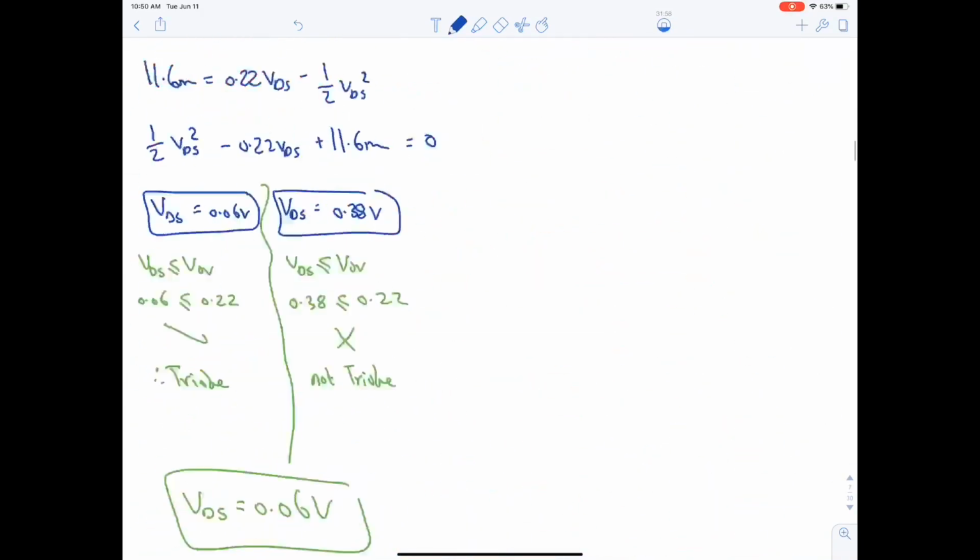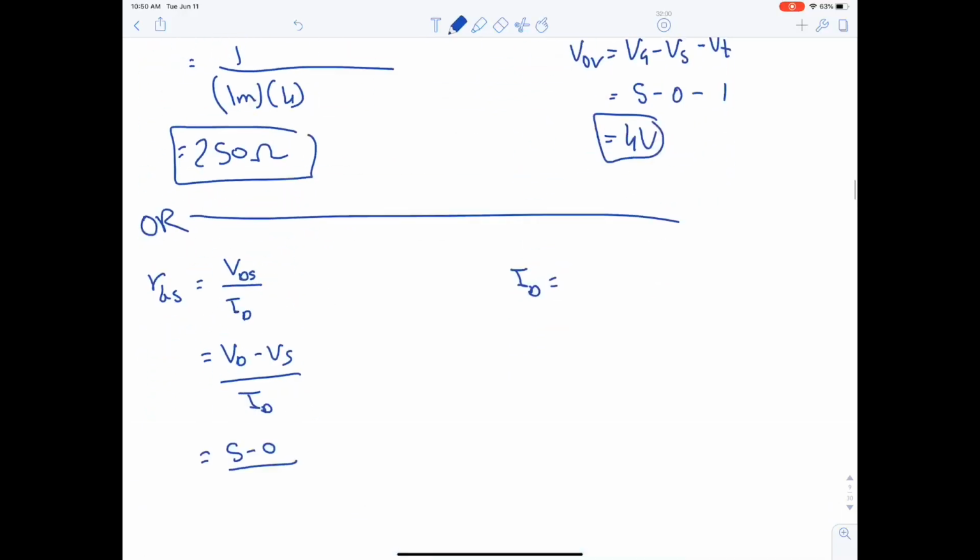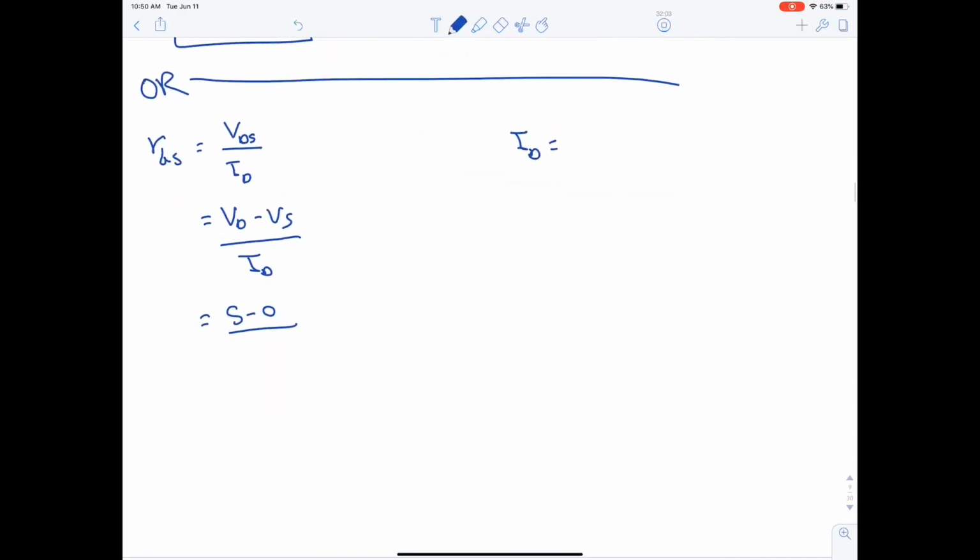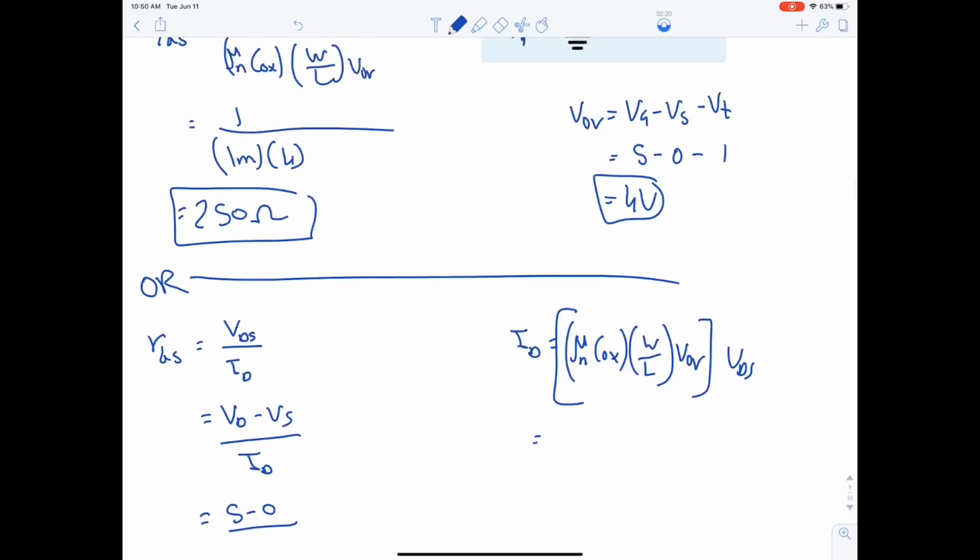Let's write it down. Okay, it's mu n COX W over L VOV multiplied by VDS. So mu n COX W over L is 1 milli according to the question.